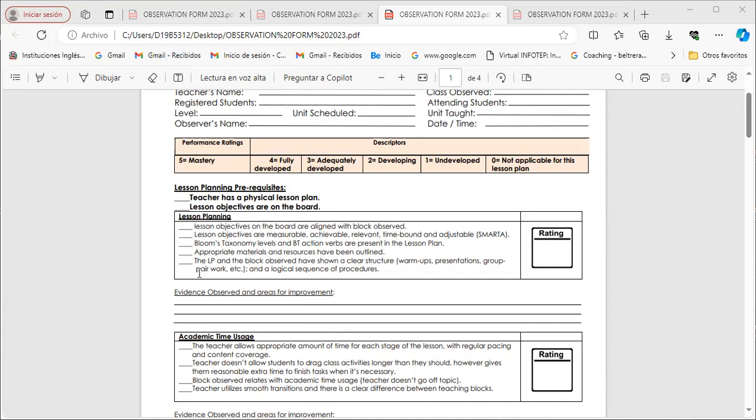And if you observe that everything matches the criteria, then you write number 5. Depending on what you observe, you will write from 5 to 0 or 0 to 5 right here. If there is any area for improvement, you write it down.